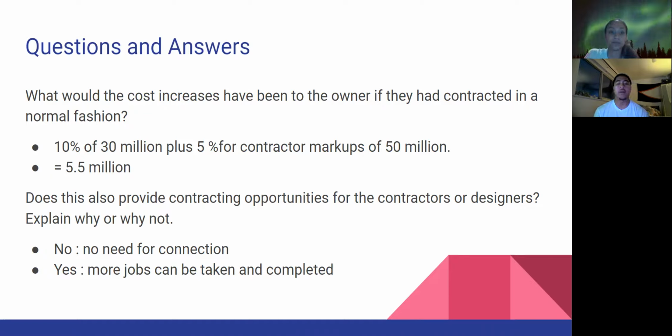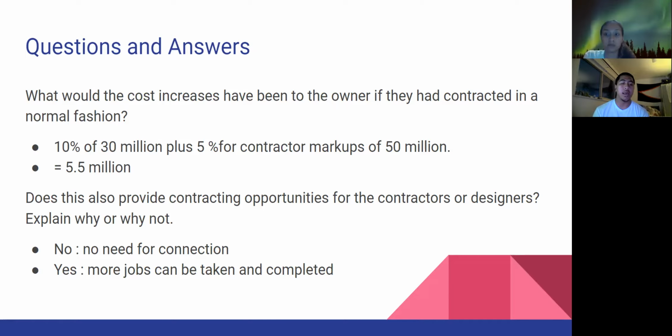Does this also provide contracting opportunities for the contractor or the designers? Explain why or why not. I said no because there would not be a need for connections for the subcontractors, I mean, for the general contractors or the architect.